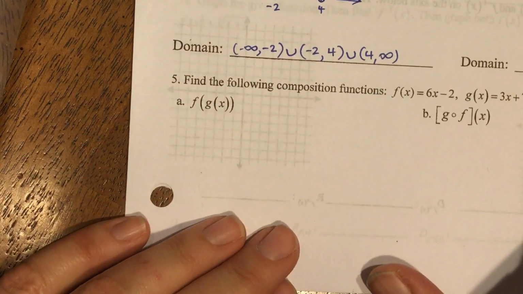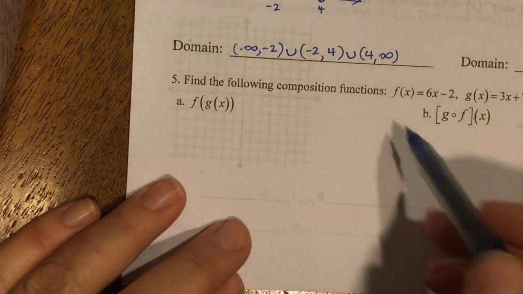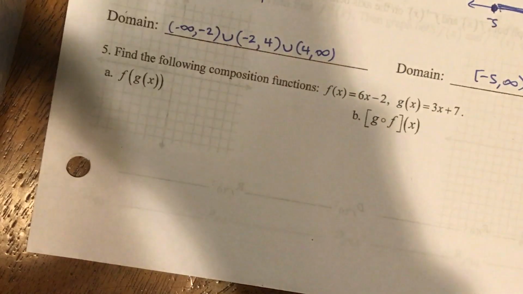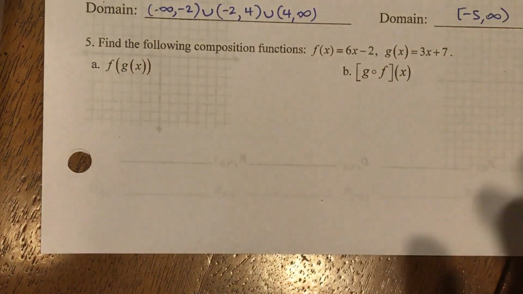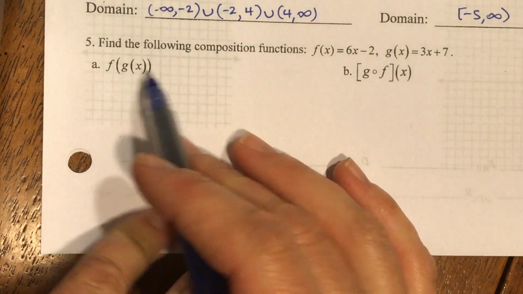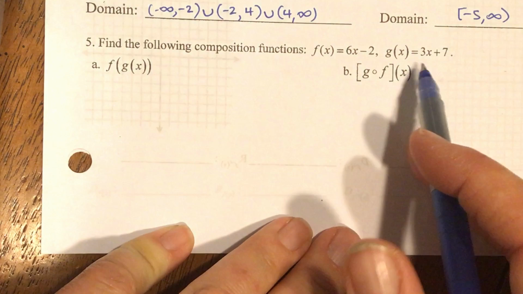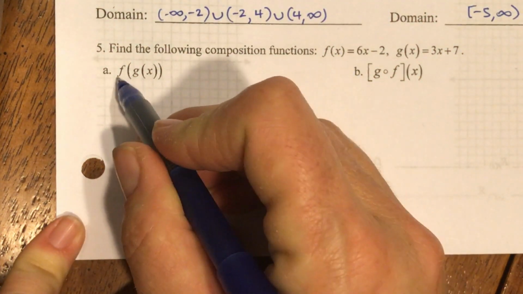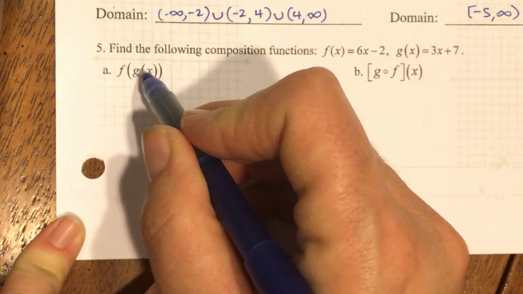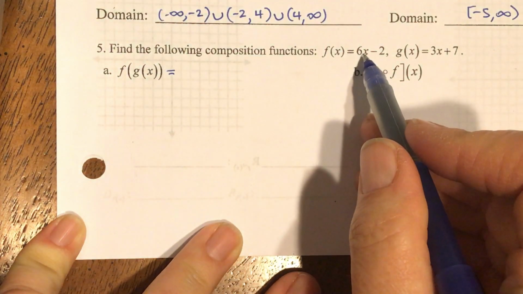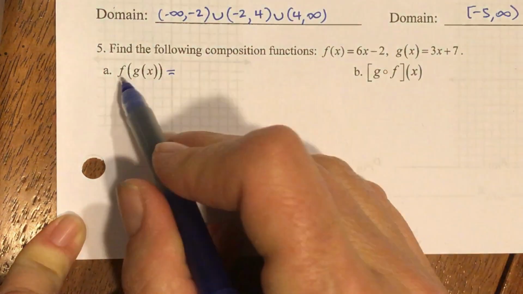And now what are we looking at? Number 5. Find the following composition of functions given f and g. So this says f of g of x. That means g is going to be inside of f. So I am going to go get my f function. F is on the outside.